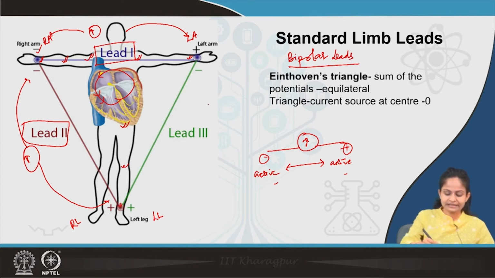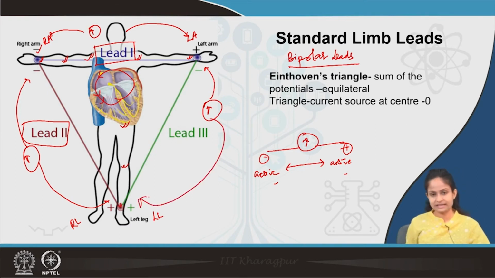Similarly, if the negative terminal is connected to the left arm and the positive terminal to the left leg, this constitutes your lead 3, which calculates the potential difference between your left leg and left arm. In this way, these 3 leads are connected and we get an inverted equilateral triangle.